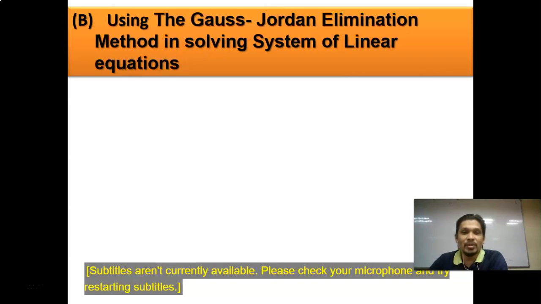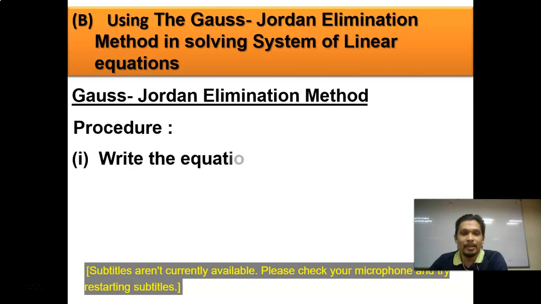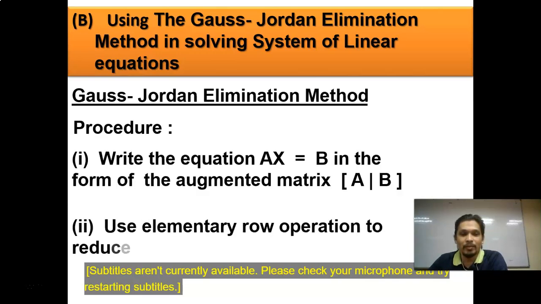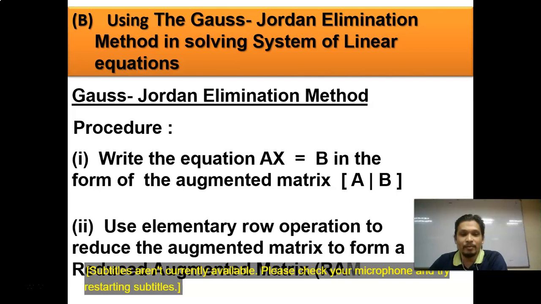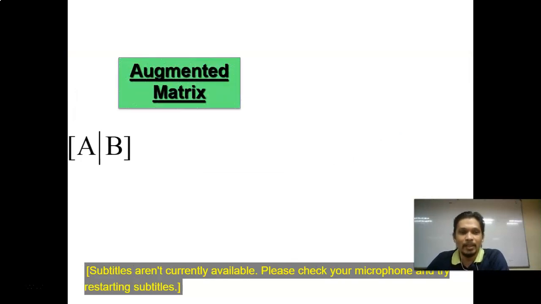Okay, using the Gauss-Jordan elimination method, solving a system of linear equations. You read all this by yourself, because I'm going to focus specifically on solving this one here.